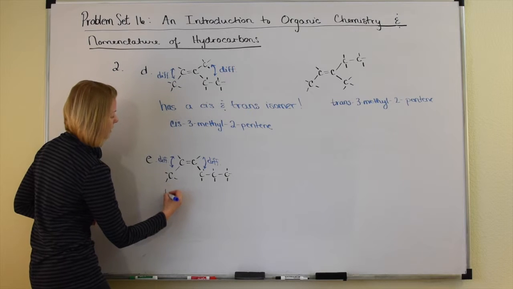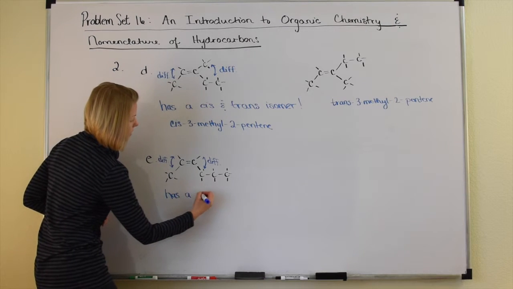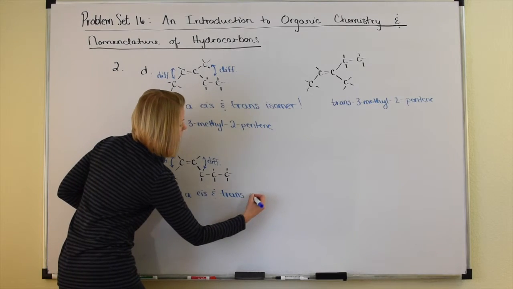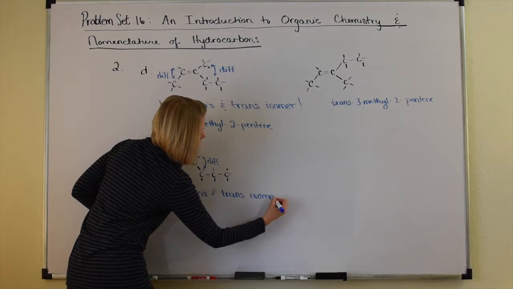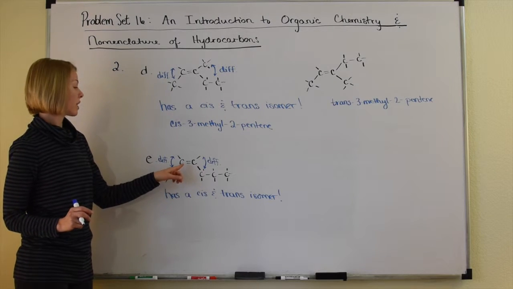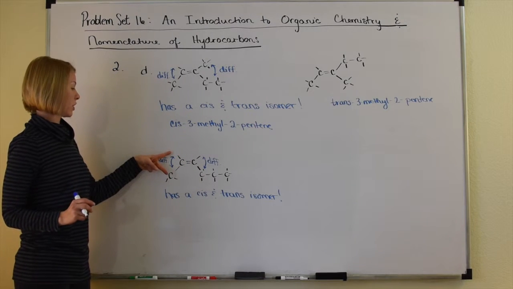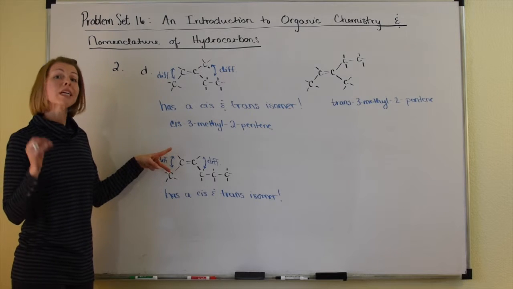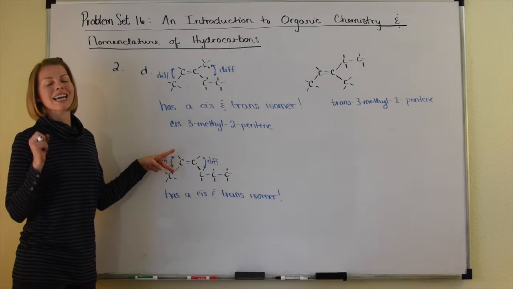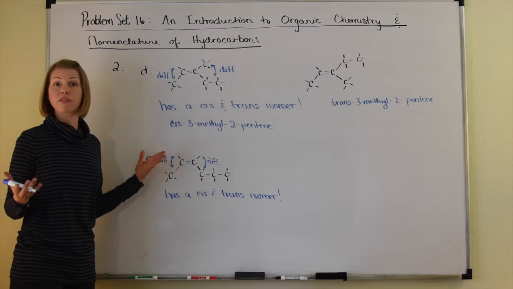So this has a cis and a trans isomer. Meaning that if we broke that double bond and flipped the position of these 2 substituents here, we would get a different molecule when we reformed that double bond. It has to therefore have a different name.